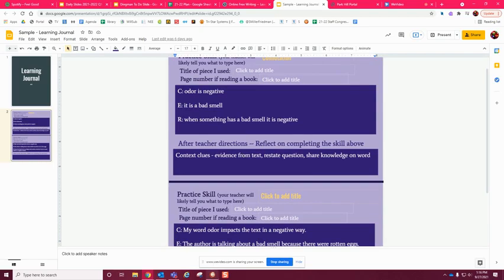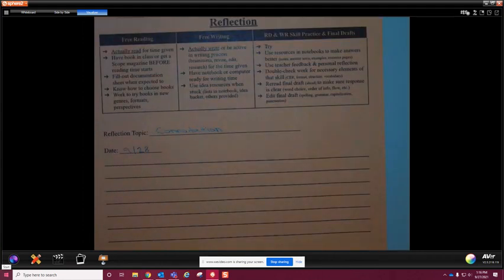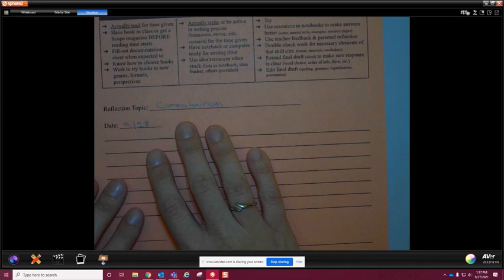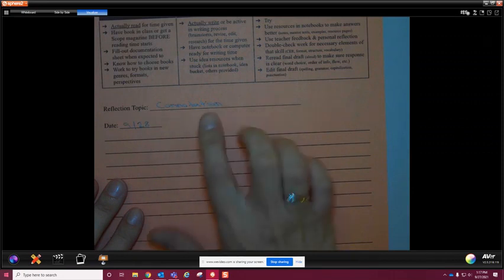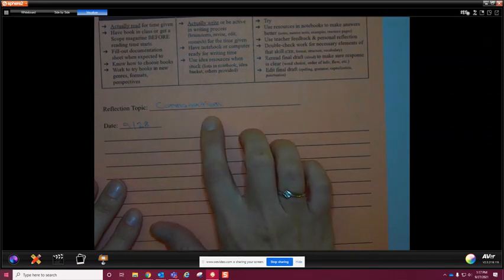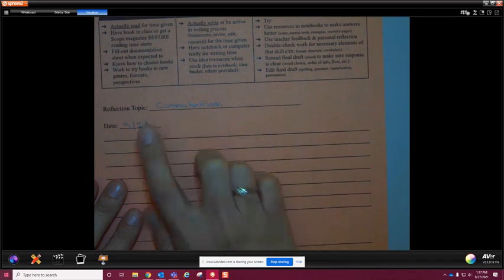All right. So then what we ended up doing with this, and if you have this piece of paper, awesome. If you do not have this piece of paper, you can just write this on a piece of paper, and we will transfer it later. So we're going to reflect on connotation right now. You're going to put connotation and today's date. I already have tomorrow's date on there, so if you're doing this today, you can put 9/27.